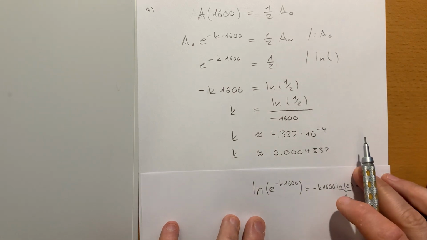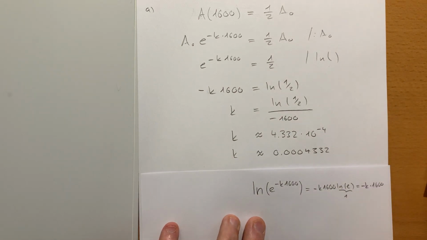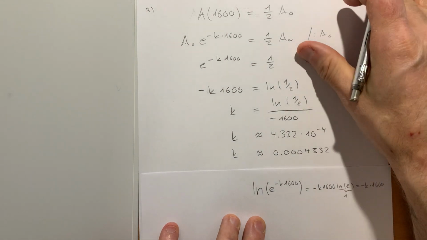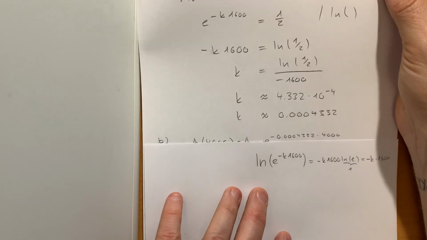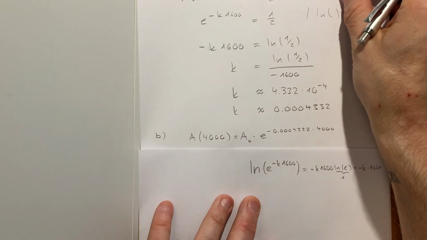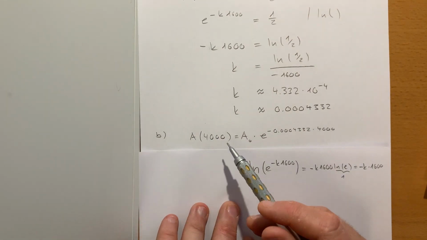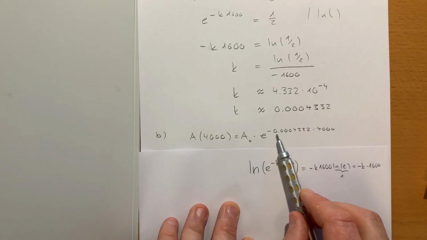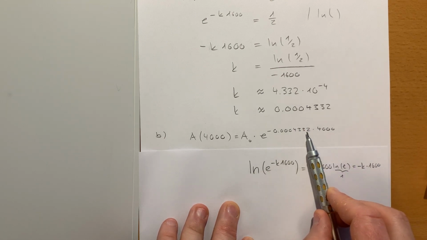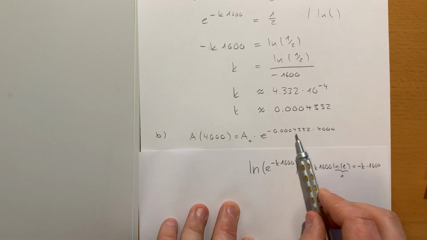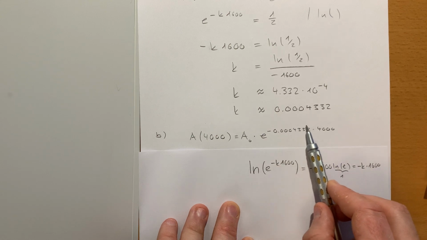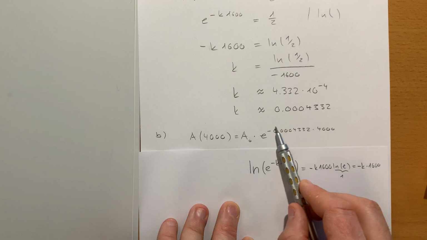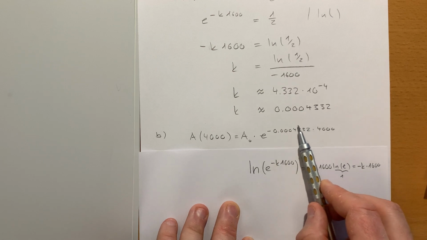Now, the last question, find what percentage of the original amount of radium will be remaining after 4,000 years. Well, that shouldn't be too hard. We just plug in 4,000 years. And I'm going to write this number up here now. But keep in mind, I'm using the stored value of the calculator, okay?